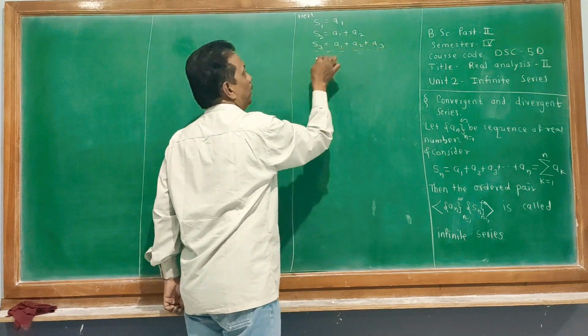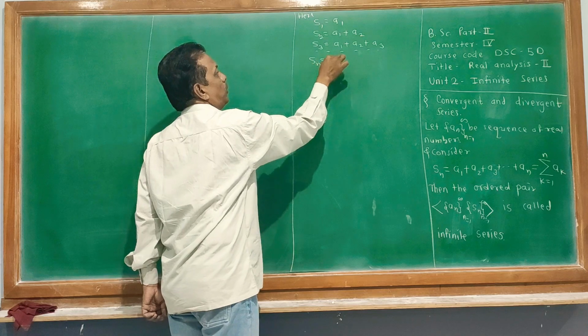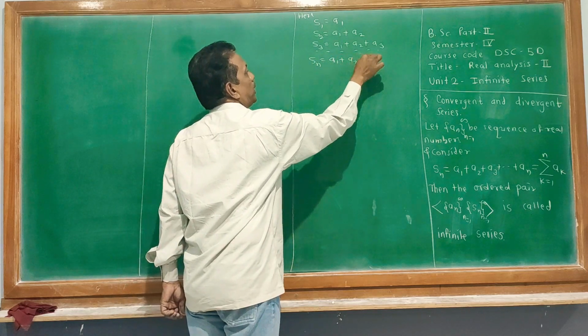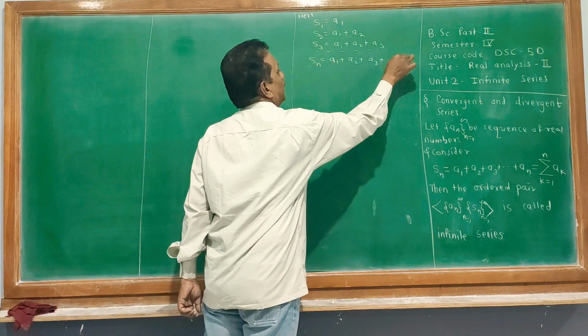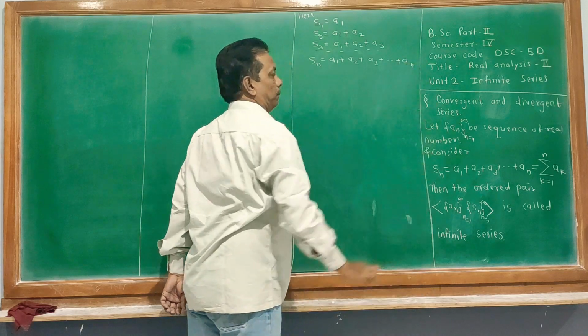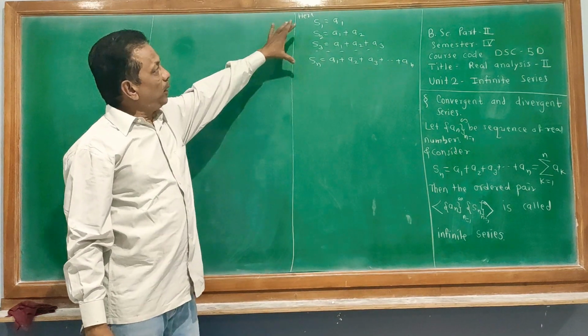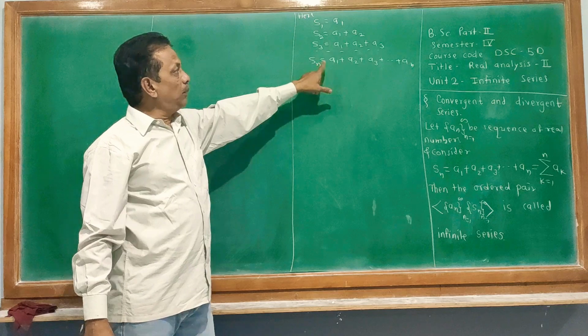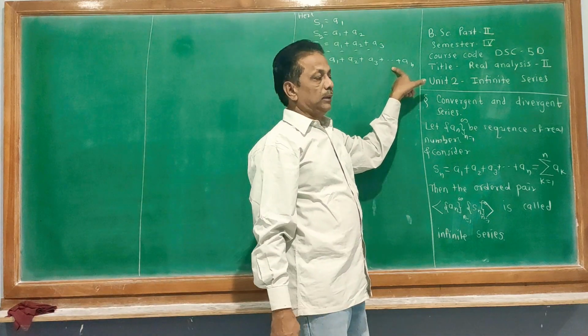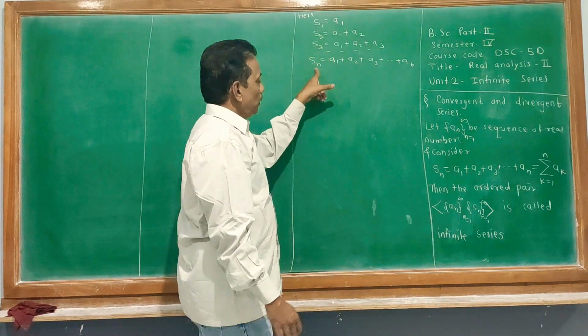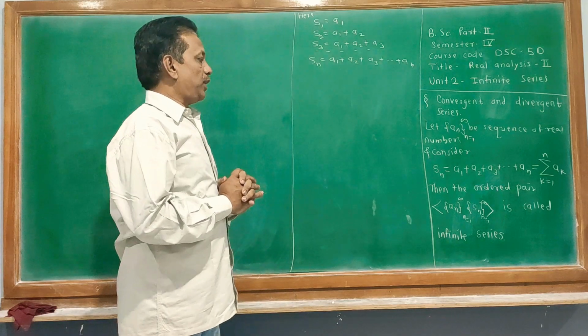Similarly, we can write Sn is equal to A1 plus A2 plus A3 plus up to An. This is the meaning of Sn, sum of first n terms. And then we can write the infinite series.